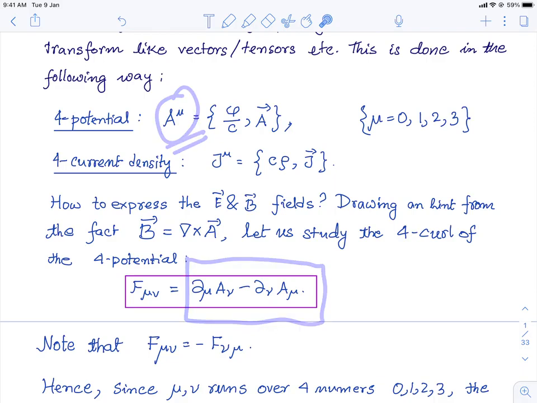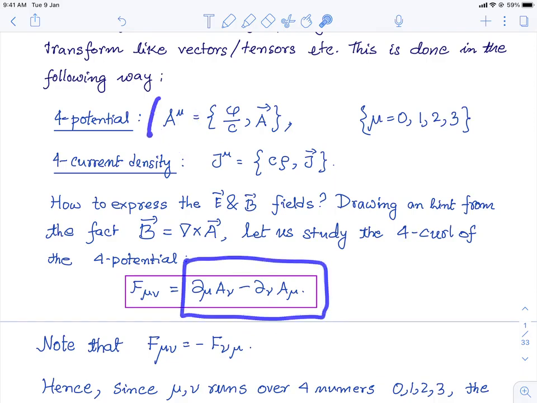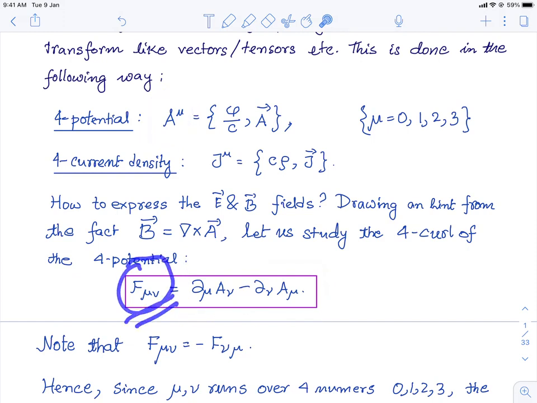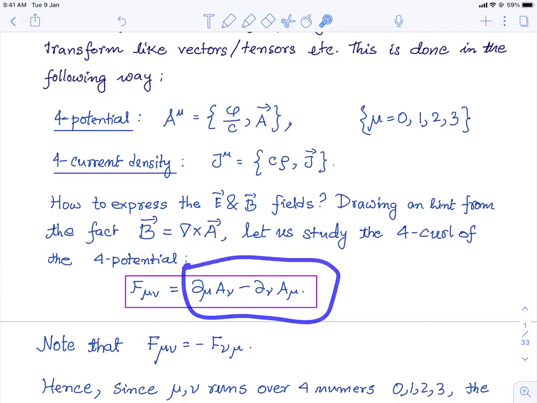As we have discussed in the previous video, this is the expression for the 4-curl of the 4-vector potential. If I write that down, I get a new tensor, the 4-dimensional curl of the 4-vector potential, and let us study what this tensor is.